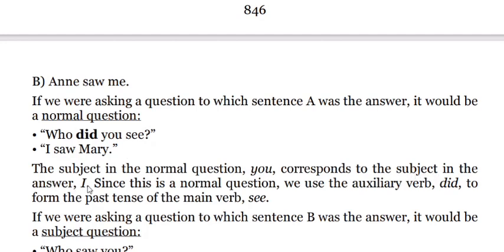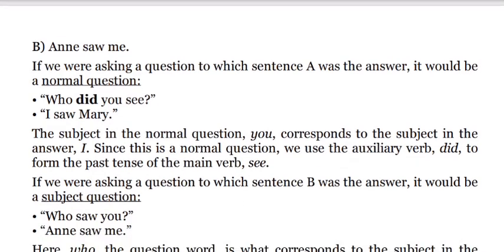Since this is a normal question, we use the auxiliary verb "did" to form the past tense of the main verb "see." If we are asking a question to which sentence B was the answer, it would be the subject question. "Who saw you?" "He saw me."